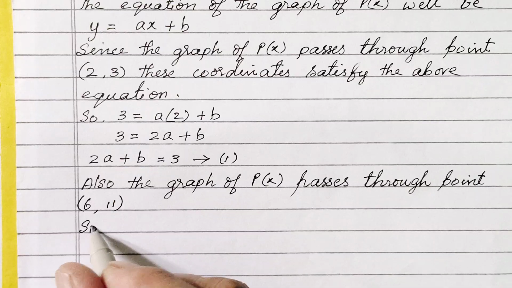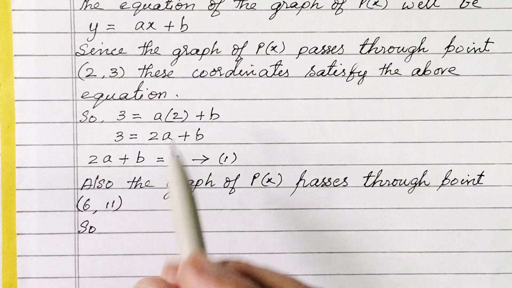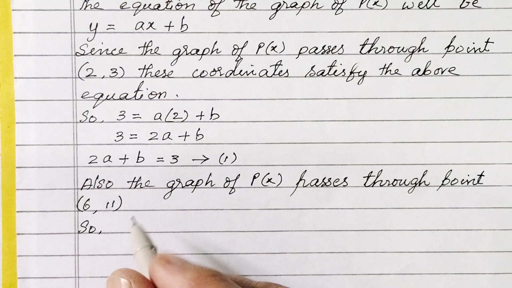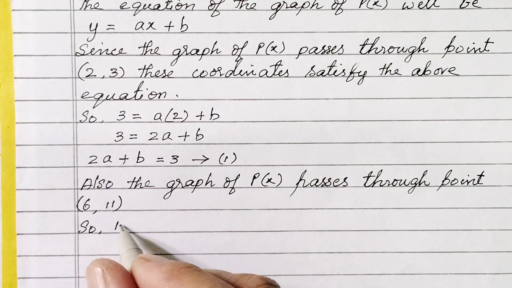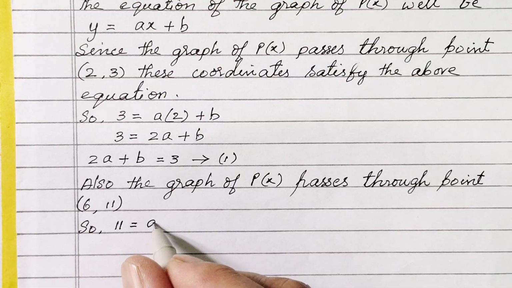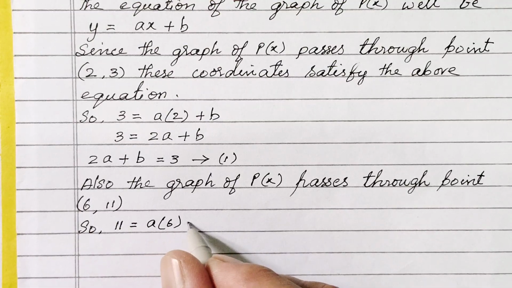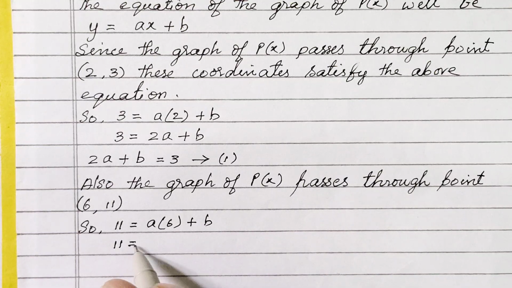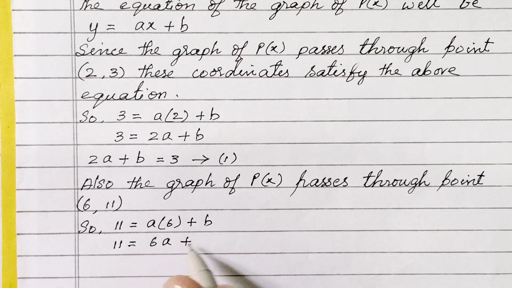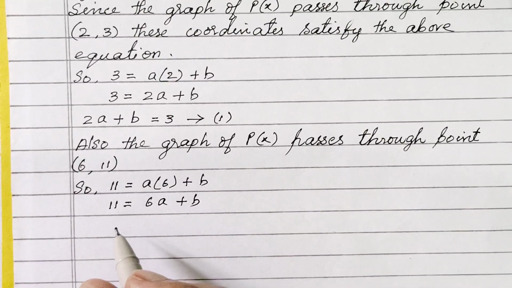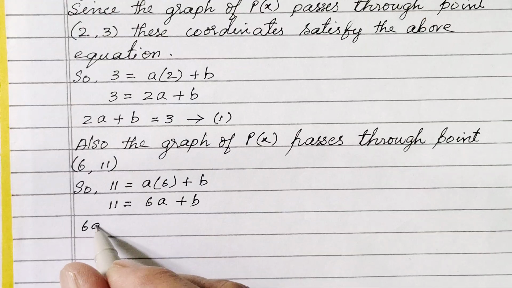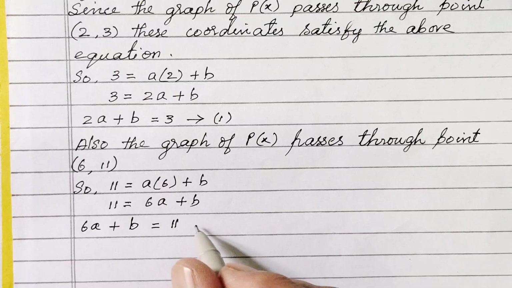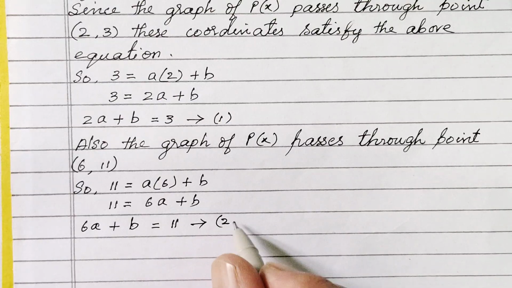So I can put these values in this equation, y is equal to ax plus b. So value of y is 11. 11 will be equal to a into 6 plus b. So 11 will be equal to 6a plus b. So I can write it as 6a plus b is equal to 11. I will label this equation as 2.